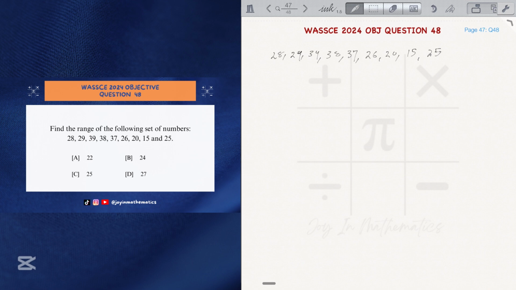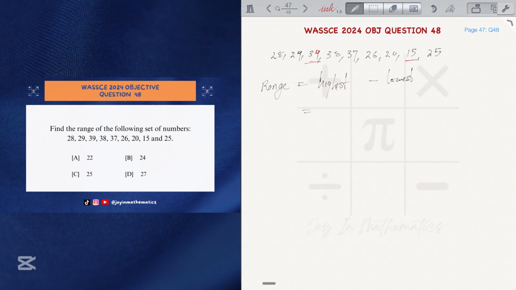Now, when we talk of range, what do we mean by range? Range is simply the highest value minus the lowest value in the set. According to this, the highest value is 39, and the lowest value will be 15.